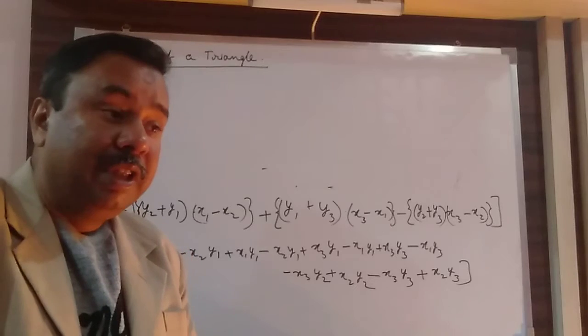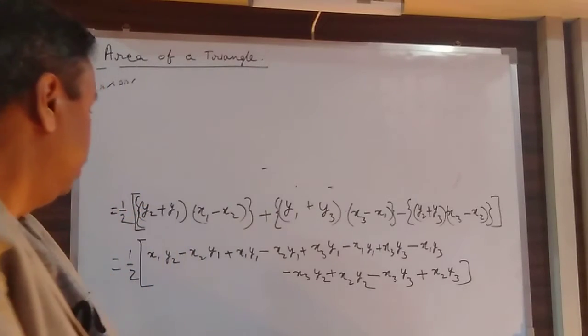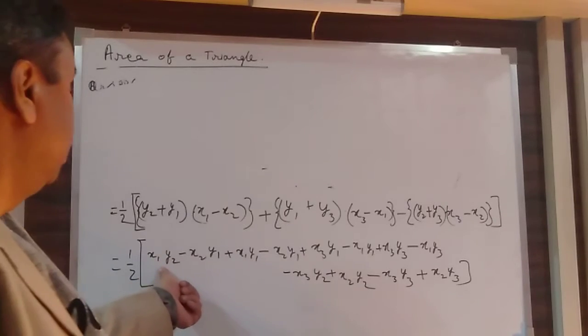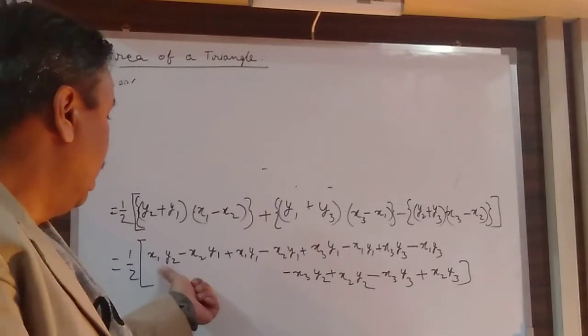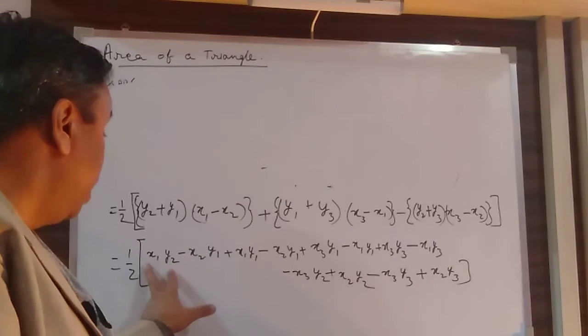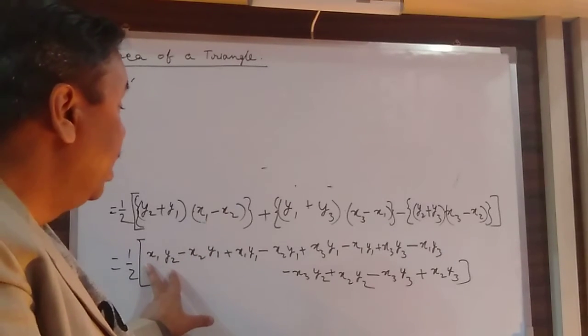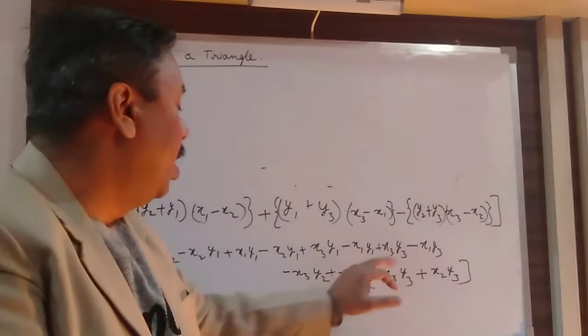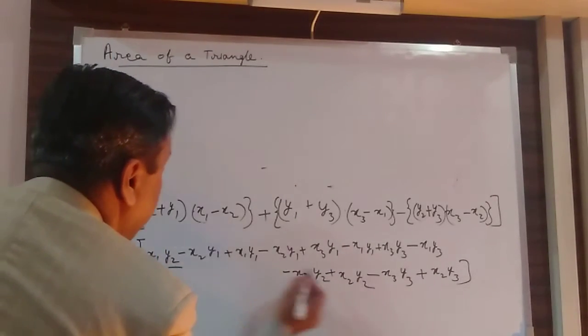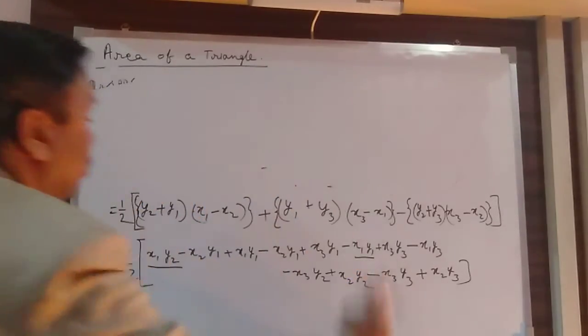I will be using selective way now. This term is having x1, and another term I will take x1 by 2 minus x1 by 1. I will arrange like this one with this one.